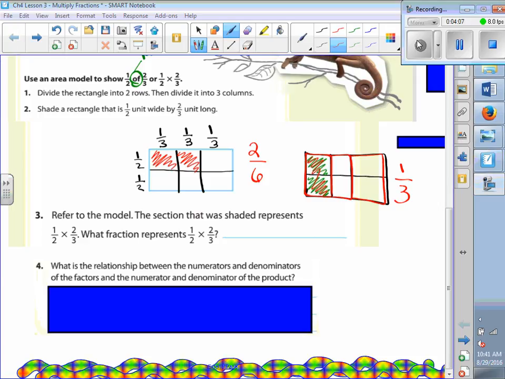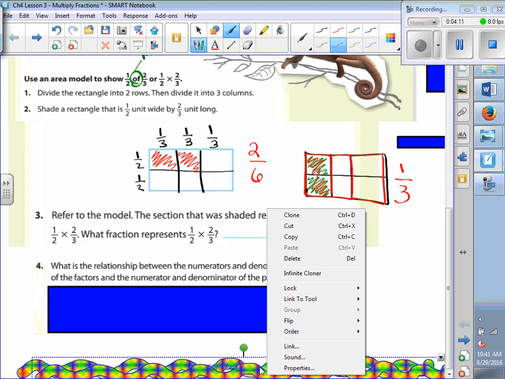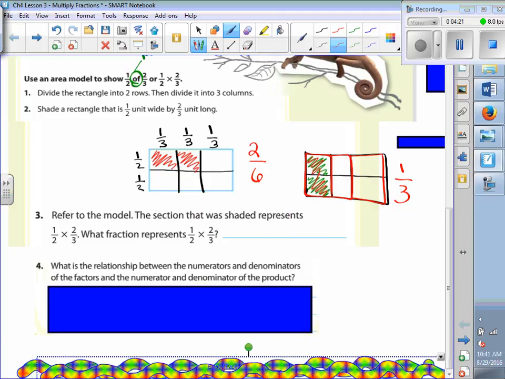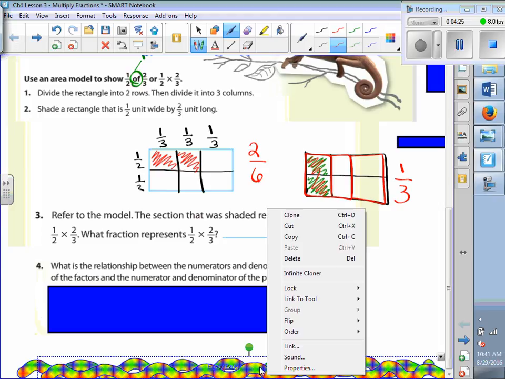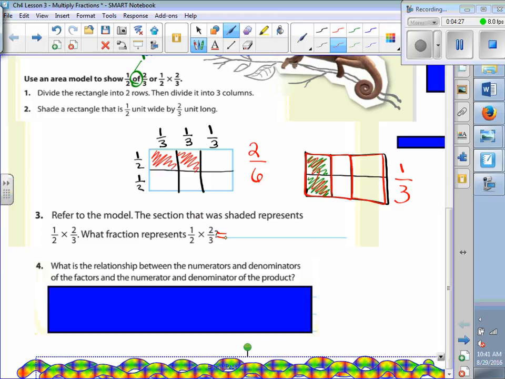So when we look at this model, okay, the section that was shaded represents 1/2 times 2/3. We want to know what fraction represents 1/2 times 2/3. Okay, and we said that's going to be, what did we say? 2, 6. So this was equal to 2, 6.